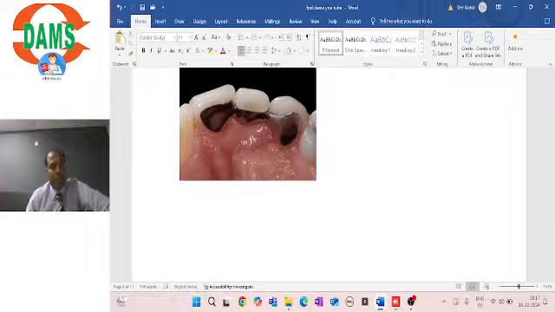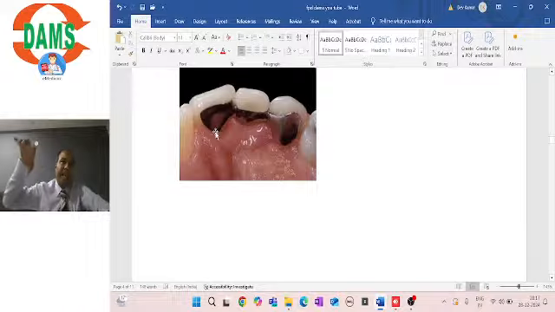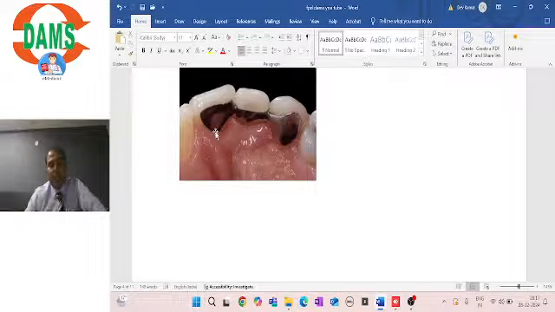But in the Virginia bridge, the indentations or roughness were created on the wax pattern, on the tissue aspect of these retainers. The wax was sprinkled with salt, and it was lost during the burnout procedure, and those indentations were recorded again in your casting.